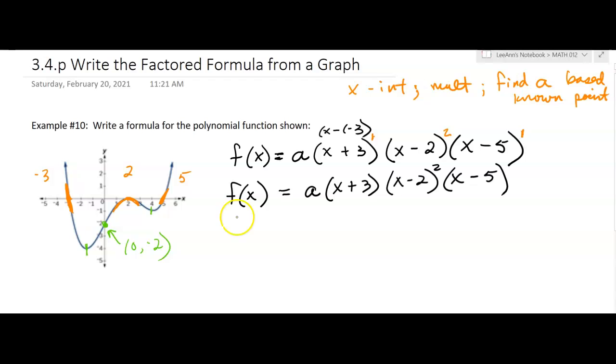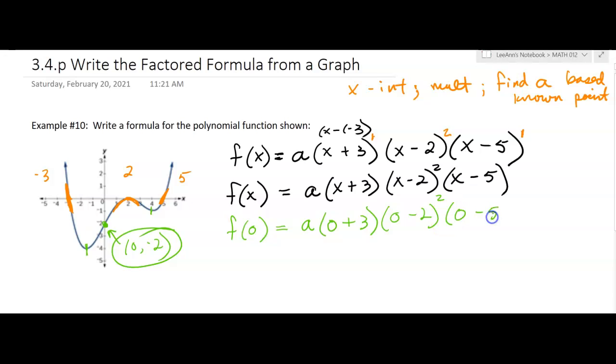Okay, so we're going to say f of 0, we're going to use this point that we know, equals a times 0 plus 3, because we're substituting 0 in for x, 0 minus 2 squared, 0 minus 5.